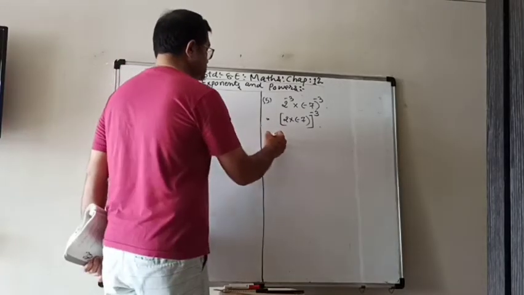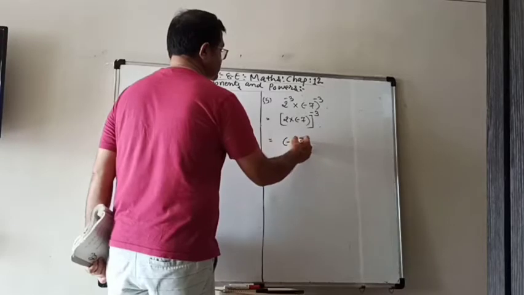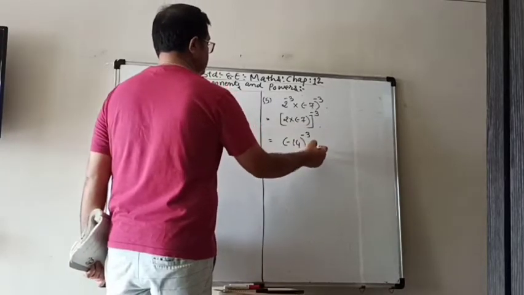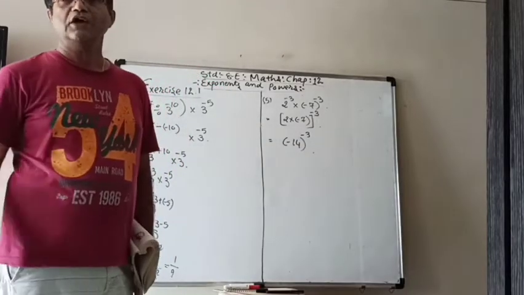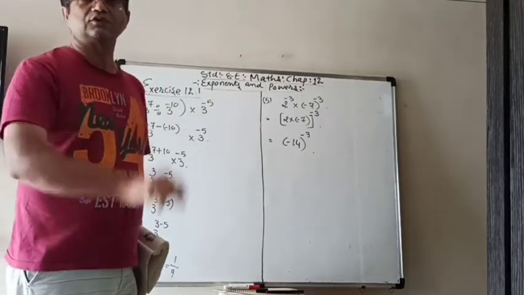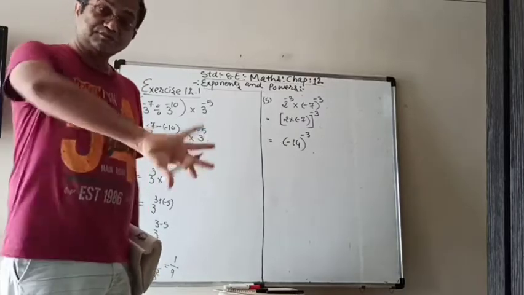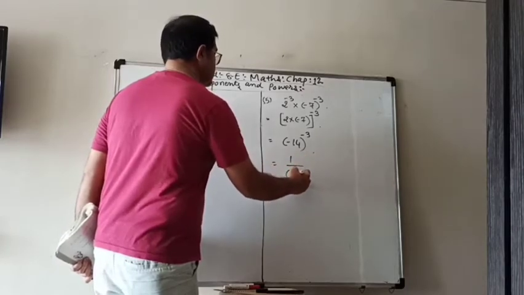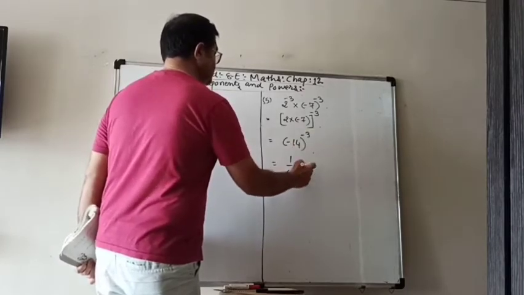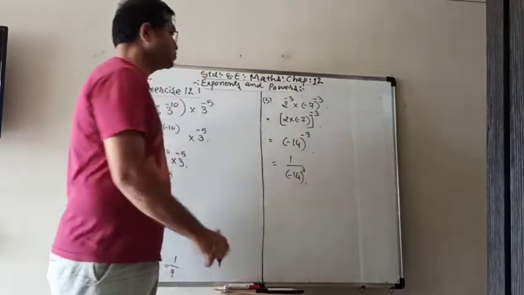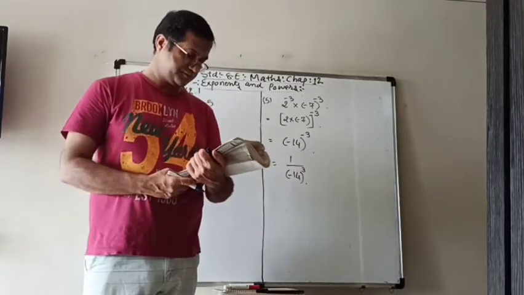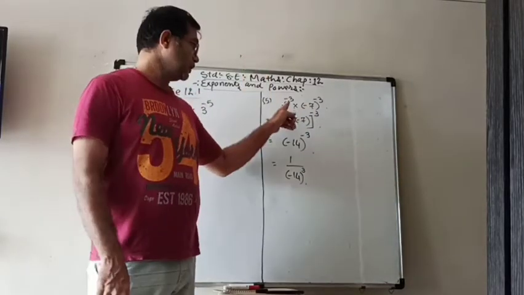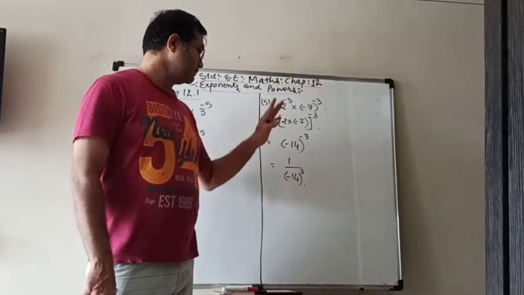So now 2 multiplied by minus 7 is minus 14 raised to power minus 3. But we need power positive. So what is to do? Switch over. So 1 upon minus 14 raised to the power 3. So here we use that another rule and then we write down like that.